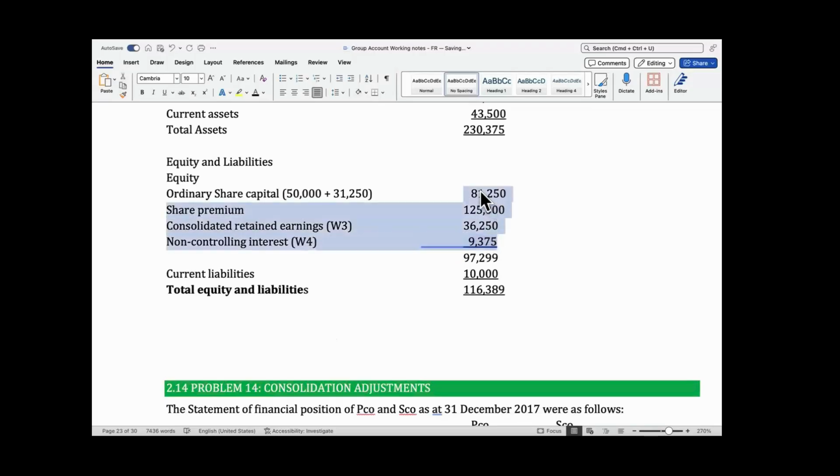So can you help me add this together? What does this come to? 261,875.